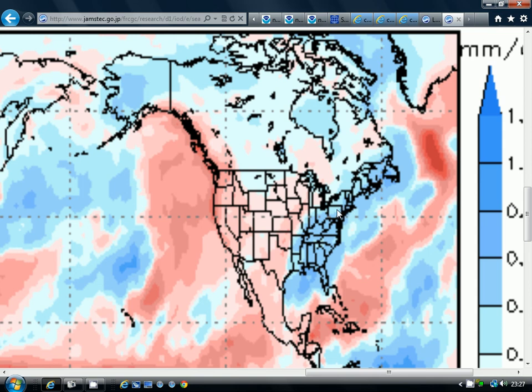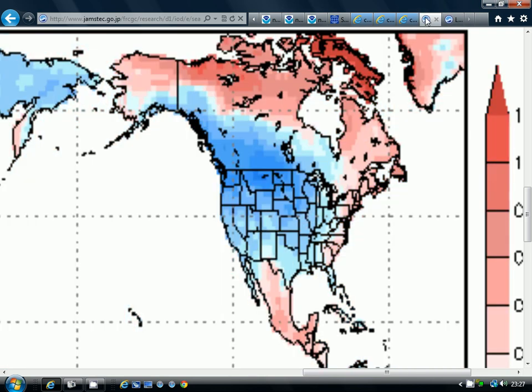Precipitation is quite similar to the Beijing Climate Center in terms of 500 millibar heights, funnily enough, but this is going for above average precipitation in the east, drier for the central and west states, but the core of the drier weather is actually forecast to be on this Pacific side, where no doubt we've got a ridge of high pressure there on that Pacific side, but certainly a trough is there in the east.